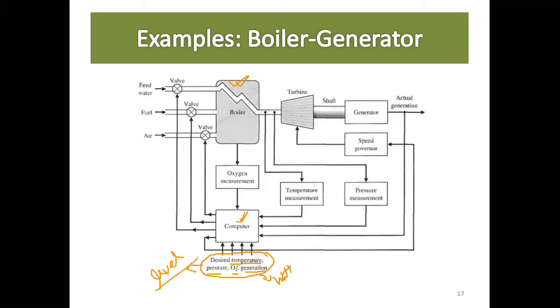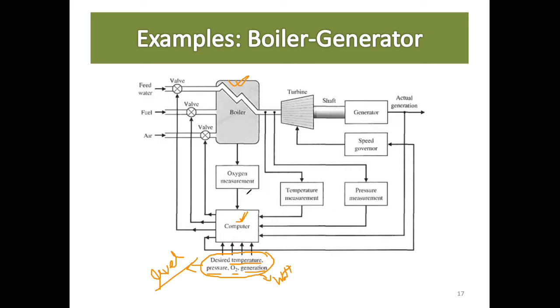Then what do we see? The feed water has a valve, fuel has a valve, and air has a valve here in the boiler. So in the boiler, you have to maintain a certain temperature as well as a certain oxygen level and the pressure.